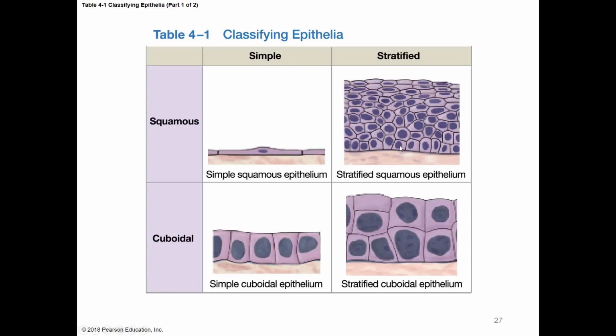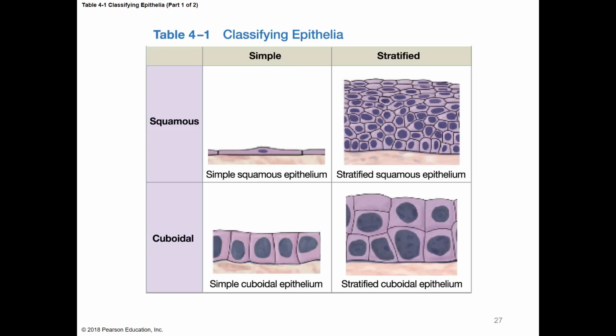Now looking over on the right, again, locate the basement membrane, which is here. Anything above it is considered epithelial tissue. Okay. So is it simple or stratified? Well, there's definitely more than 1 layer there, so it has to be stratified. So stratified, we got that.